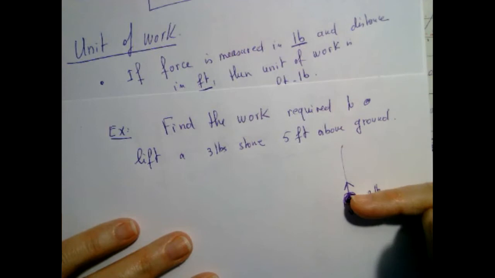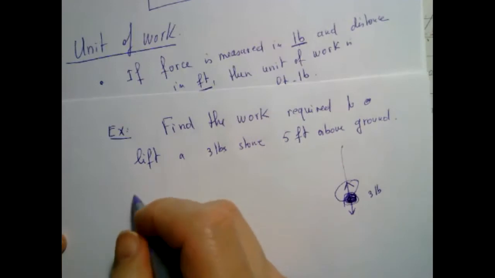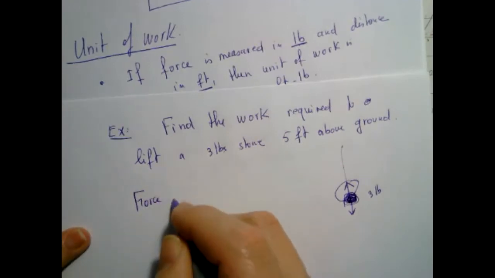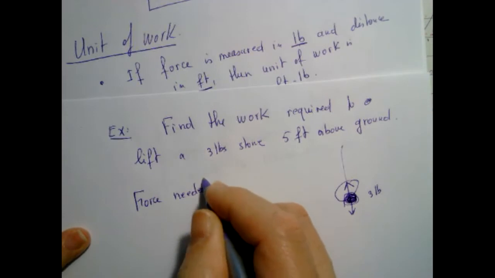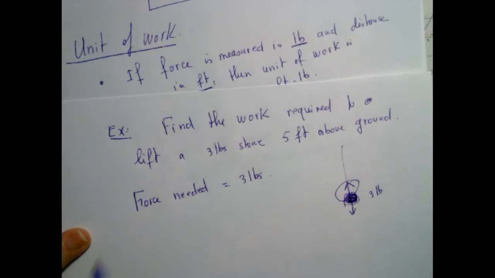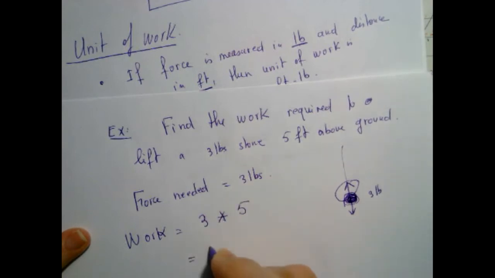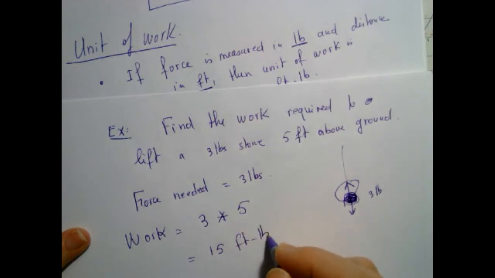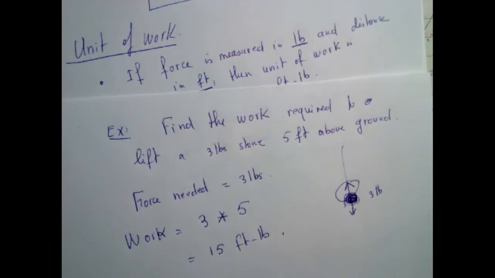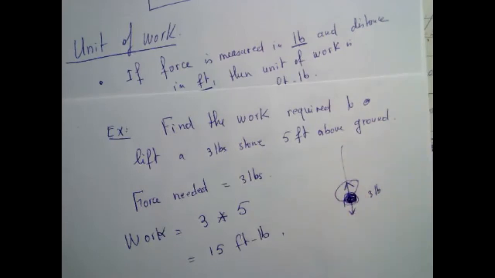So the force needed, a constant force, is 3 pounds, the weight of the stone. The work is the force times the distance: 15 foot-pounds. That's the simplest possible scenario, a fixed force lifting the stone, and that's the work.